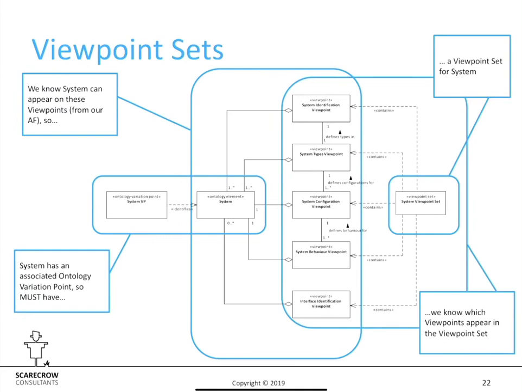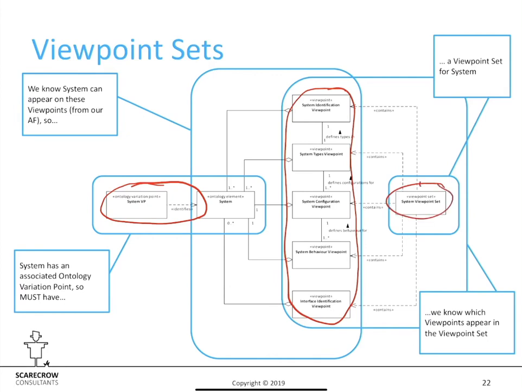And again, that creation of the viewpoint sets we essentially automate in our tool, because as soon as we create the variation point and put that link in, we can look in our definition of our framework. We can automatically find that system appears on all of these viewpoints, and hence we can create a viewpoint set that contains all of those viewpoints.